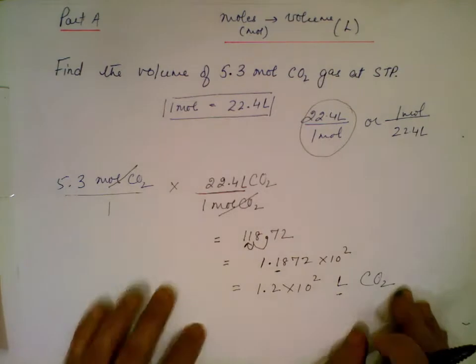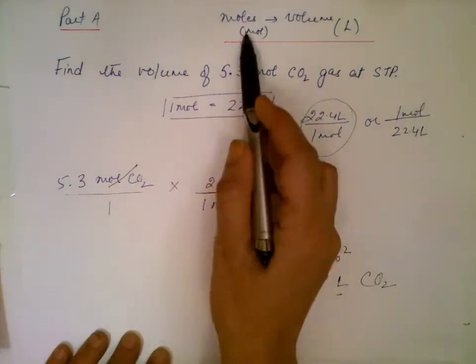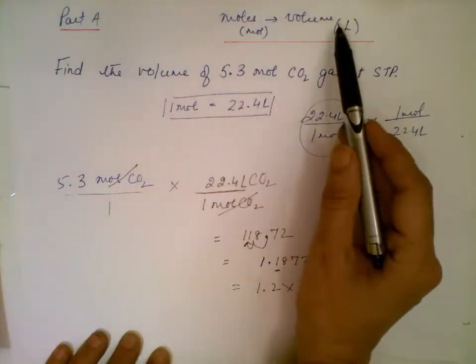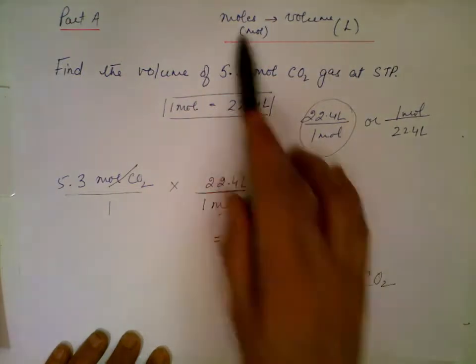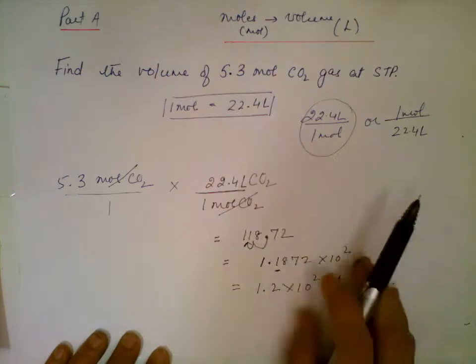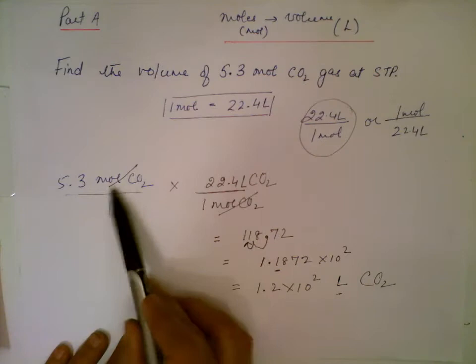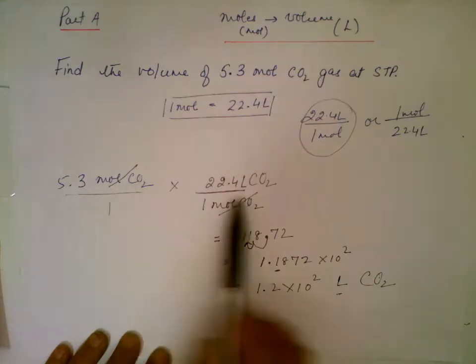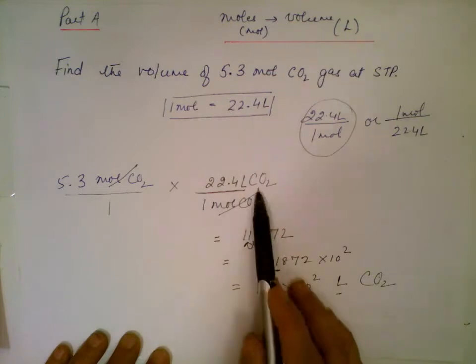If you were asked to explain in writing how you would convert from moles of a gas to a volume of a gas, you would say: to convert from moles to volume, I will multiply the given moles by the molar volume.